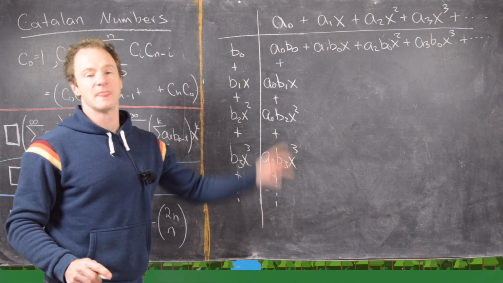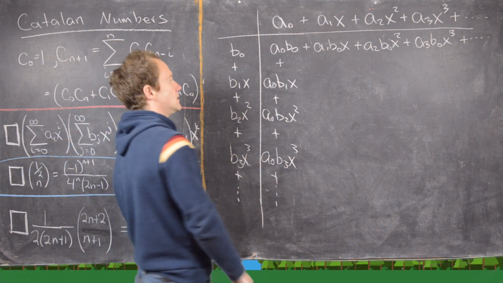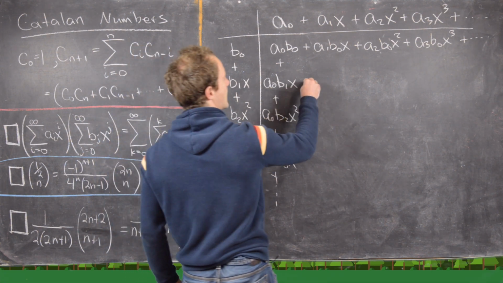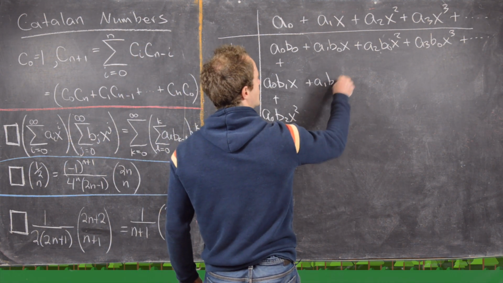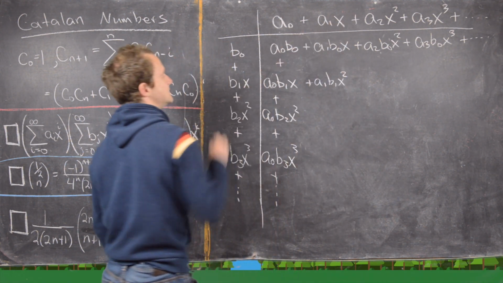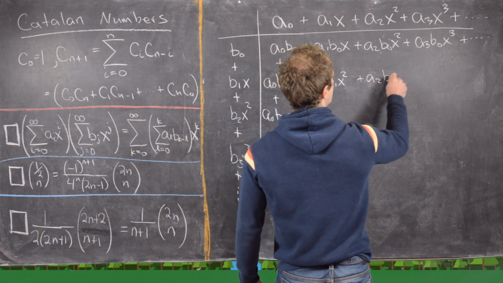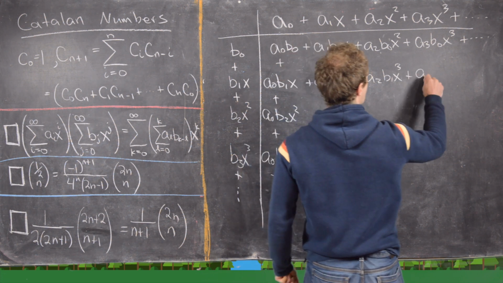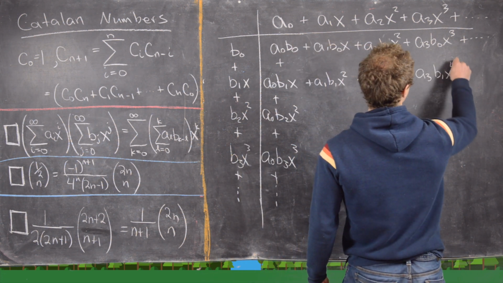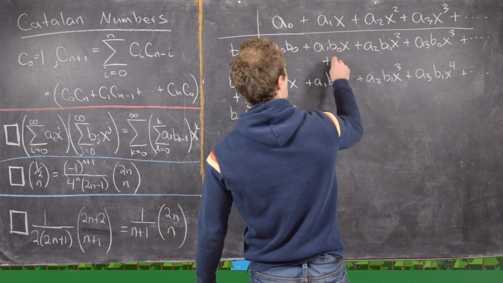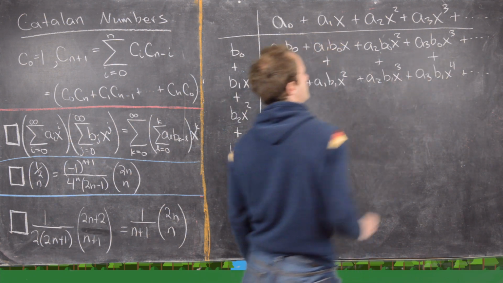Now I just need to fill in the middle. In this next row I have a1 b1 x squared, because x times x is x squared, plus a2 b1 x cubed plus a3 b1 x to the fourth dot dot dot, and then I have pluses going this way as well.